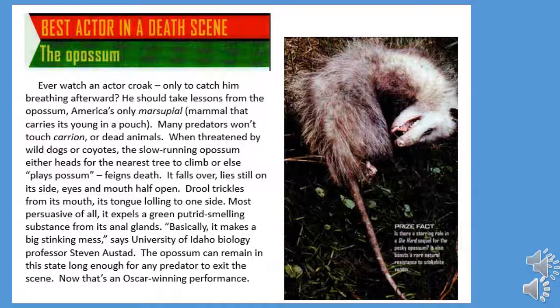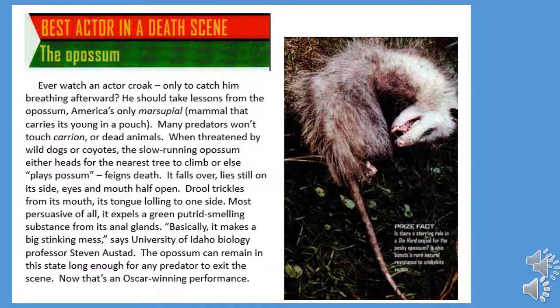Most persuasive of all, it expels a green, putrid-smelling substance from its anal glands. Basically, it makes a big, stinking mess, says University of Ohio biology professor Stephen Ostad. The opossum can remain in this state long enough for any predator to exit the scene. Now that's an Oscar-winning performance.